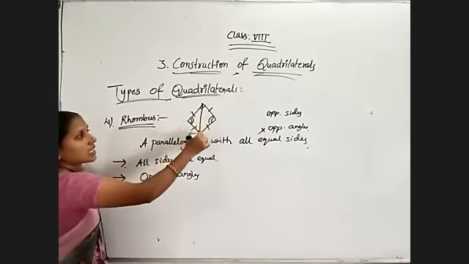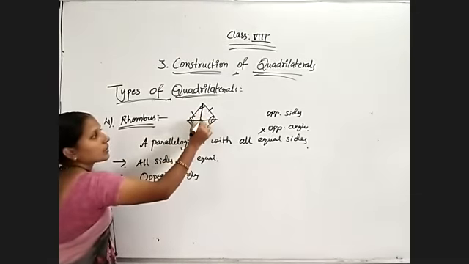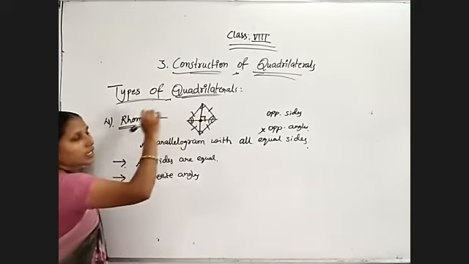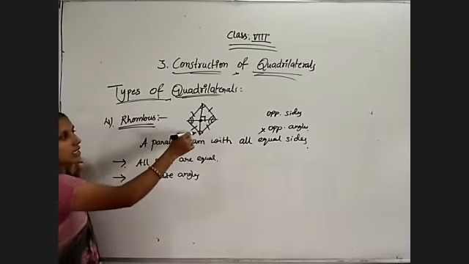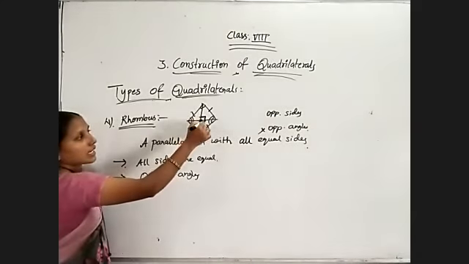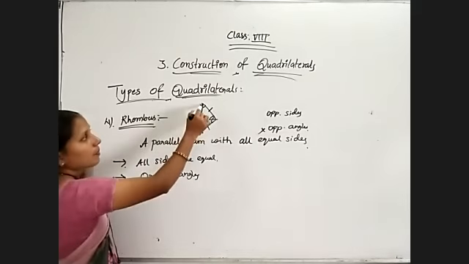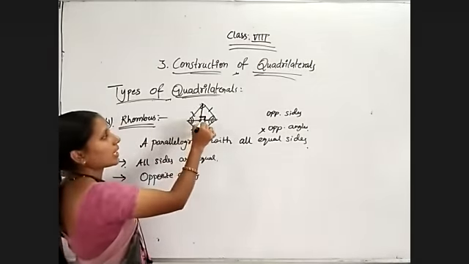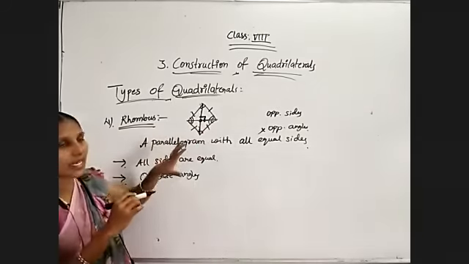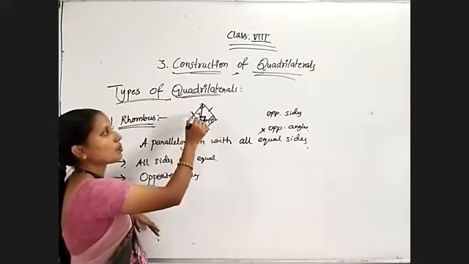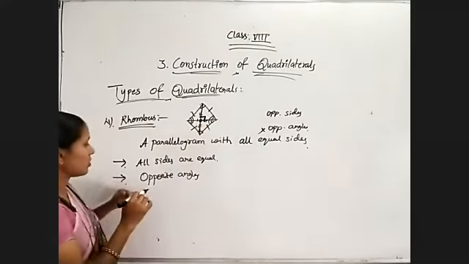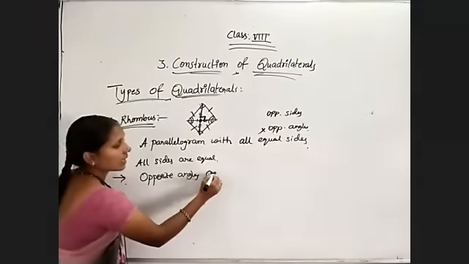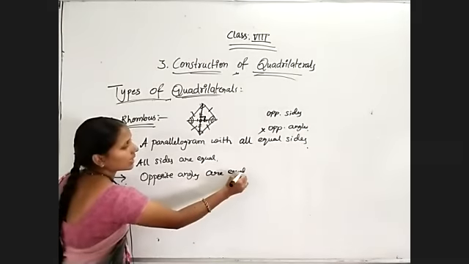Diagonals bisect each other, and here the diagonals of the rhombus are perpendicular bisectors. That means they maintain an angle of 90 degrees between them and bisection is also possible. So opposite angles are equal. And how are the diagonals here?